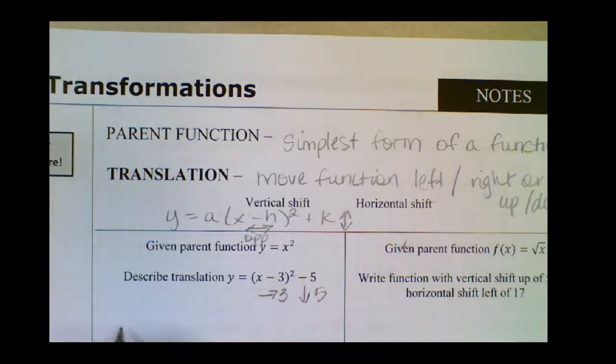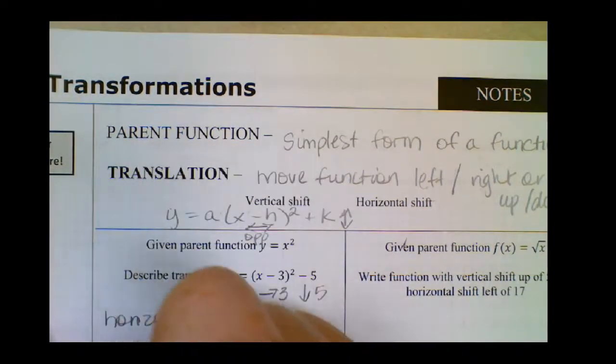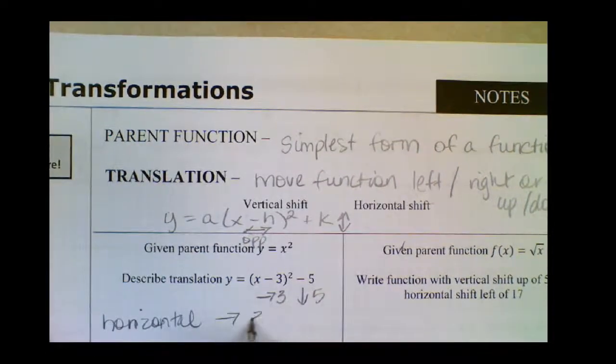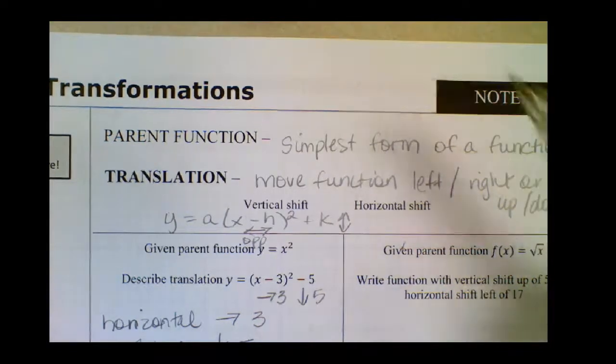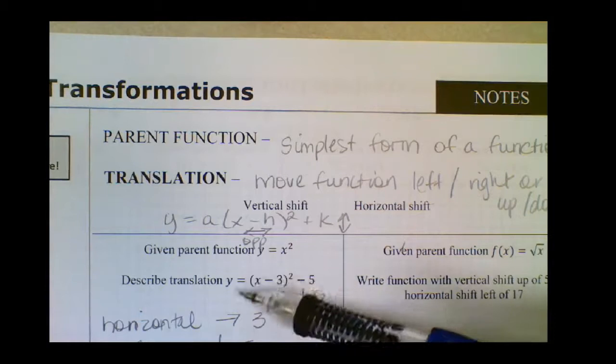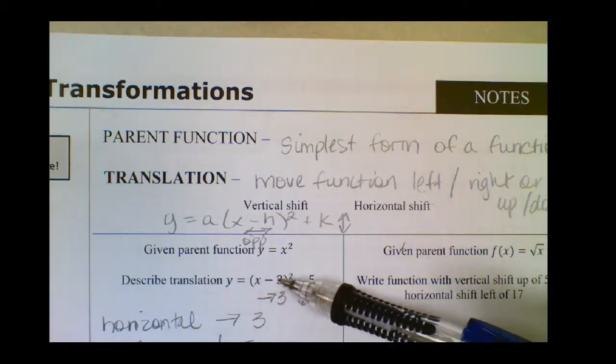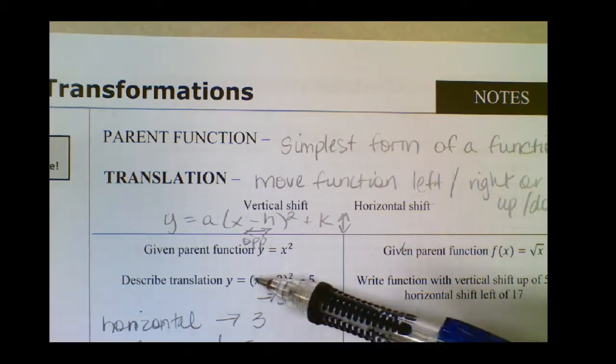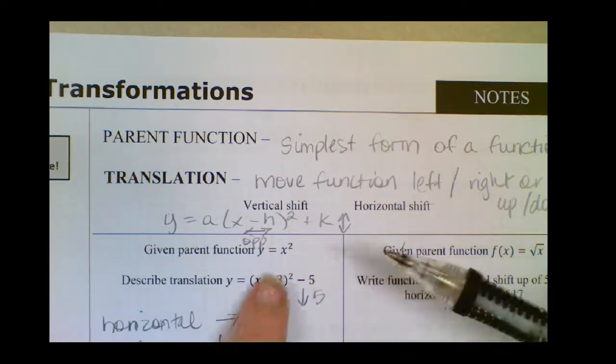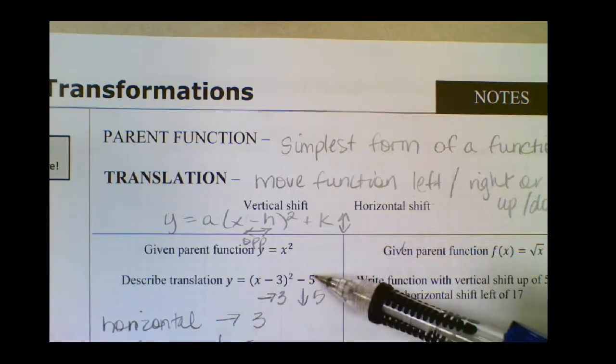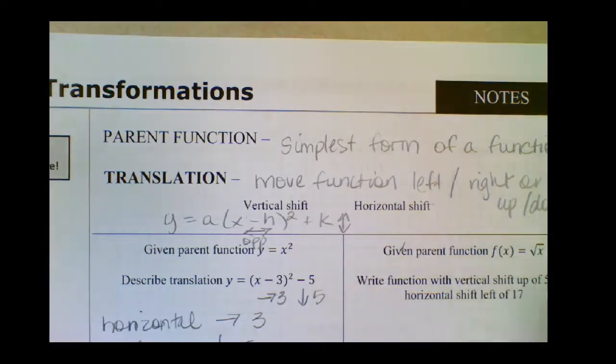So we can go horizontal to the right of 3 and vertical shift down of 5. What you need to remember is within the parentheses, it's always the opposite of what you see because whatever would get you back to x. Here, you're taking the value of all of this and then adjusting it by whatever this number is. So this is exactly what you see.